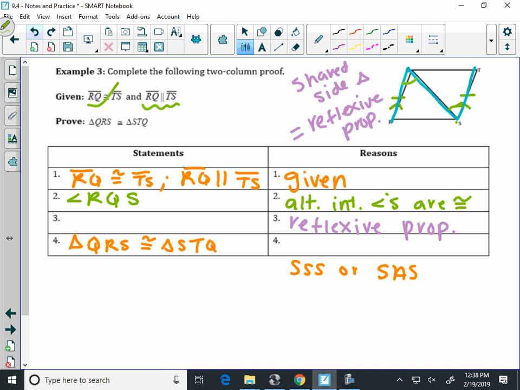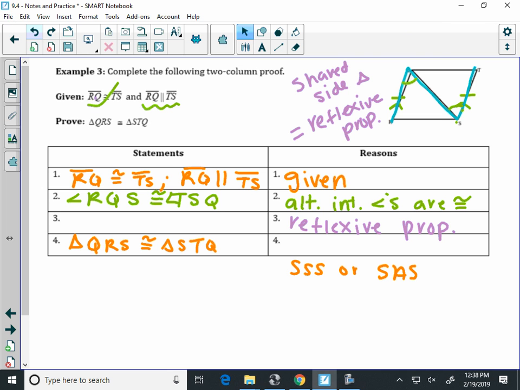TSQ. Follow the same pattern: tick mark, arc, to nothing. So RQS is congruent to TSQ. And again, you're going to be given a word bank, so just look for the names of those two angles saying that they're congruent. You have to be able to look in a box and say, okay, these two are naming those two angles, that's what I'm going to put.